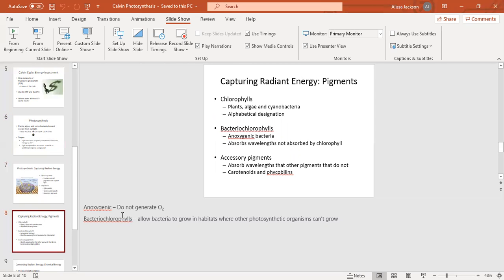But anoxygenic, they do not generate oxygen. So plants generate oxygen for us, but these anoxygenic bacteria do not generate O2.